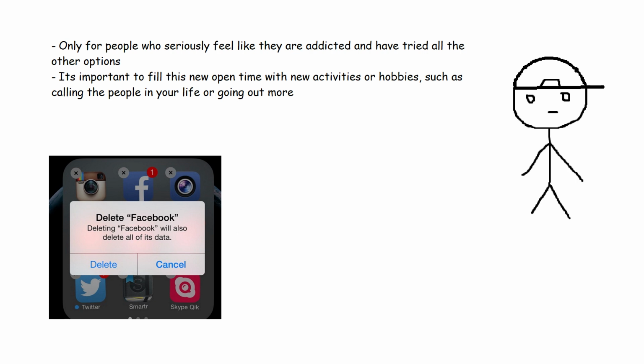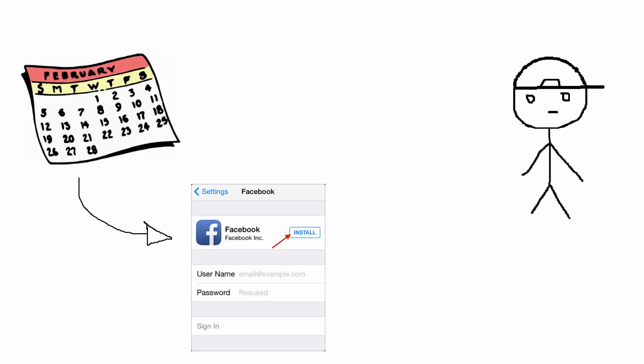What you do is you completely stop using social media apps for 30 days. Not only will this again help you rewire your brain, but it'll free up your time to do more things that could benefit your life. After the 30 days are over, you will slowly reintroduce these apps back into your life, in a more healthy and controlled fashion.